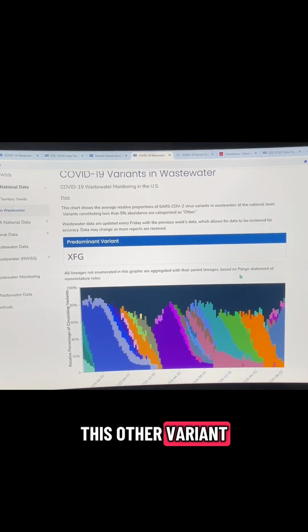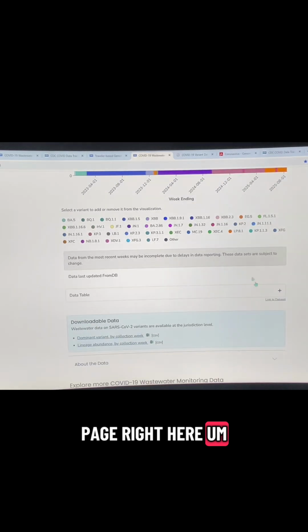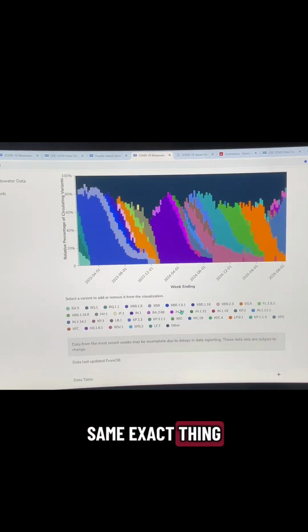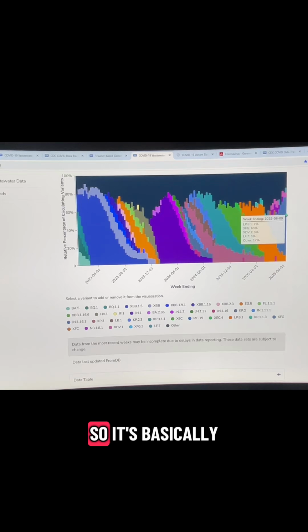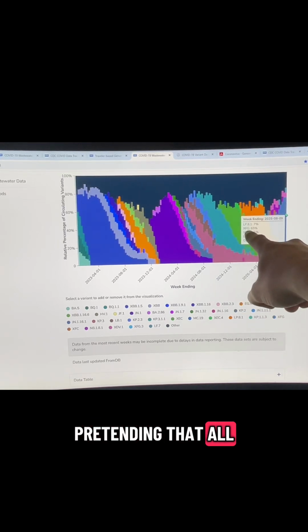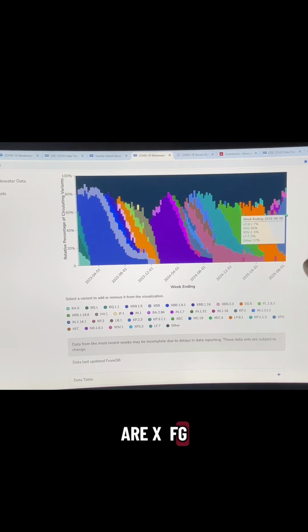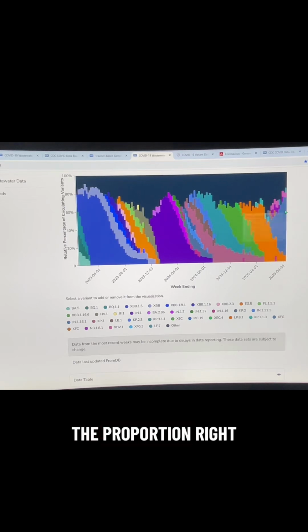On this other variant page right here, we're seeing the same exact thing, where they've affinitized all of the variants. So it's basically pretending that all variants right now are XFG, when there are many different variants of XFG that make up the proportion right here.